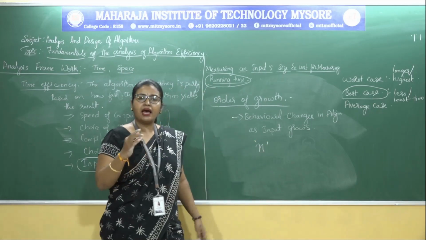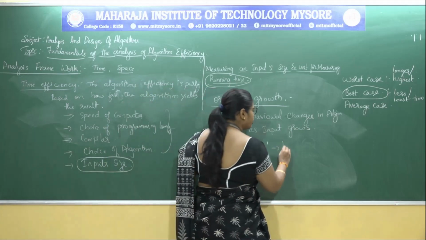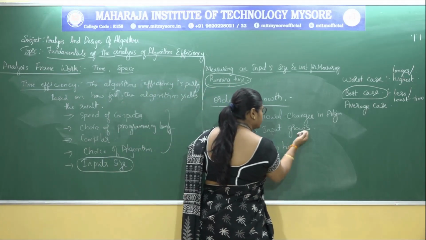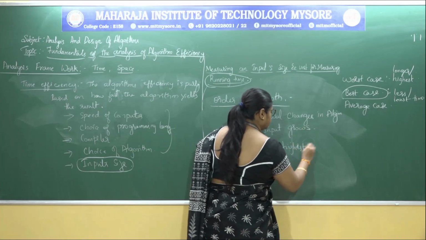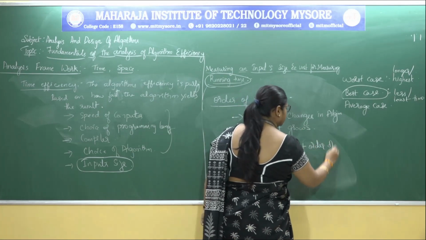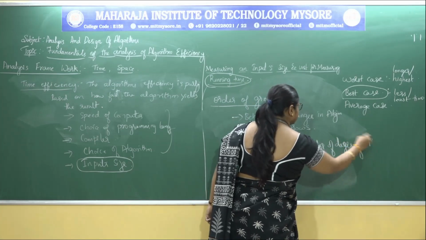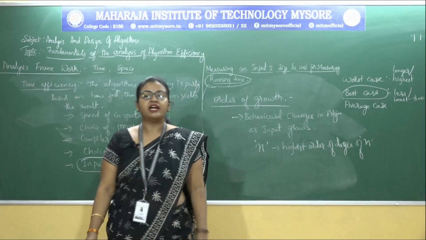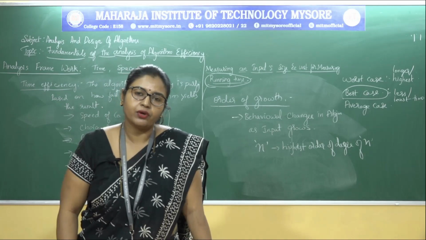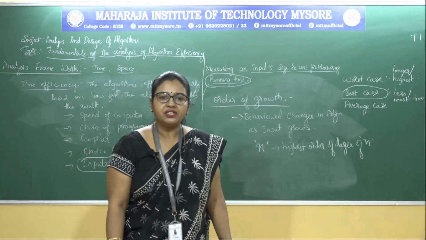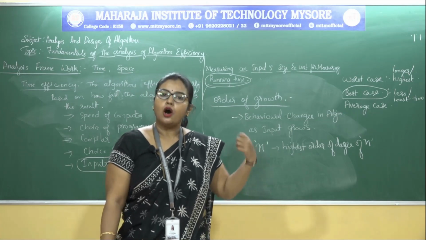So, if you have the input size n, then the highest order degree of that n is going to be considered as the order of growth of your algorithm. So, the efficiency of the algorithm can be represented using the order of growth.